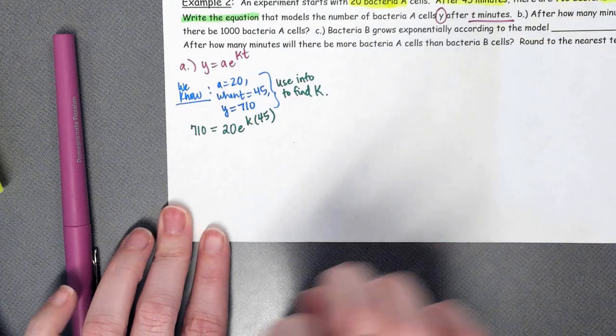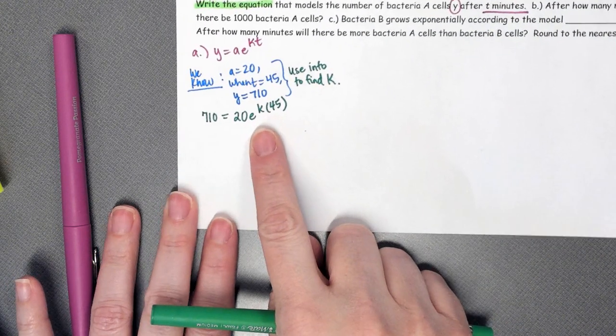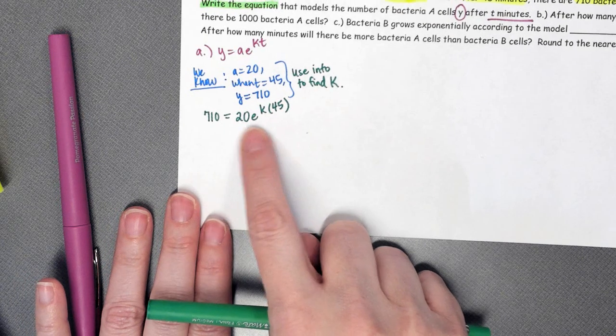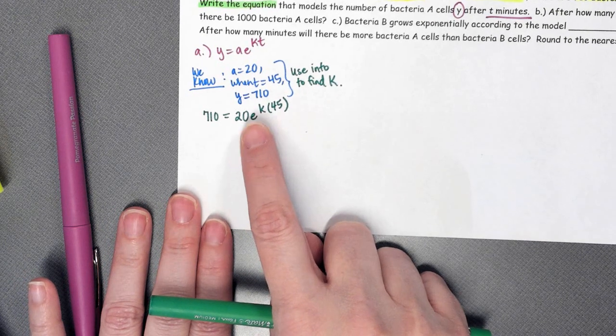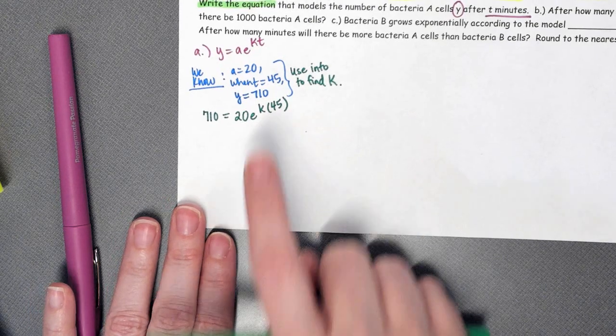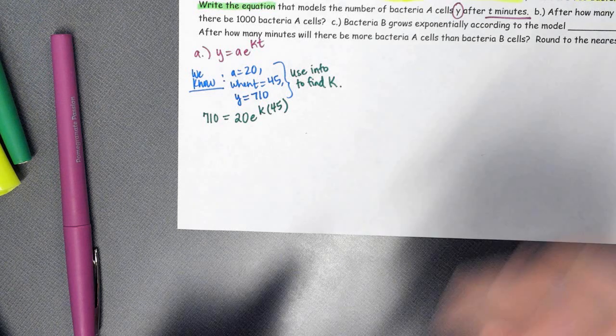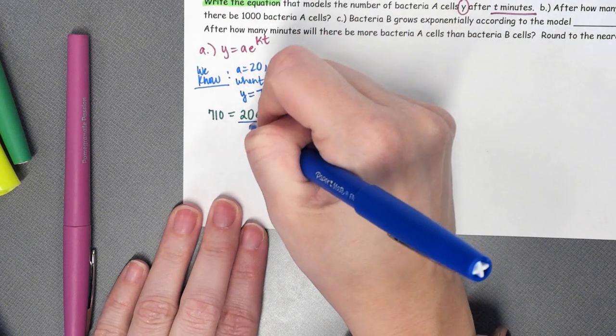If you were here with me with 8.4, we solved equations that were similar to this. So you have to find a way to get the exponential function e by itself. And to do that, you're going to first divide both sides by 20.